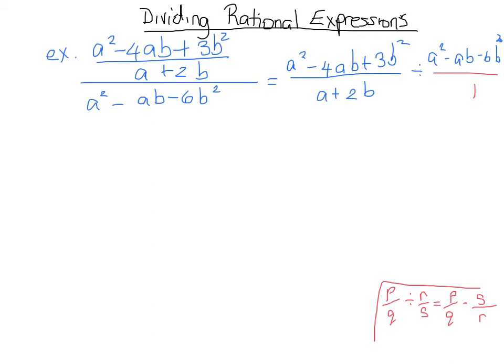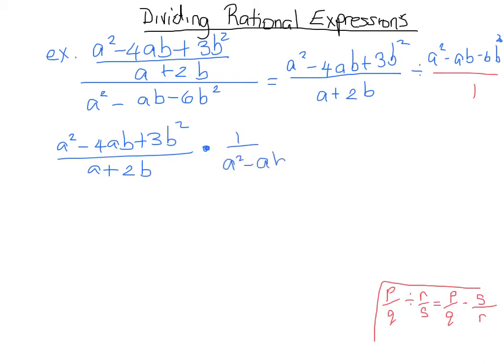So rewriting over here, we get a squared minus 4ab plus 3b squared, not doing anything yet, just rewriting what I already have, over a plus 2b, multiplied by, now I flip the second expression because you're dividing, so instead I'm multiplying by the reciprocal, we get 1 over a squared minus ab minus 6b squared. Okay, great.